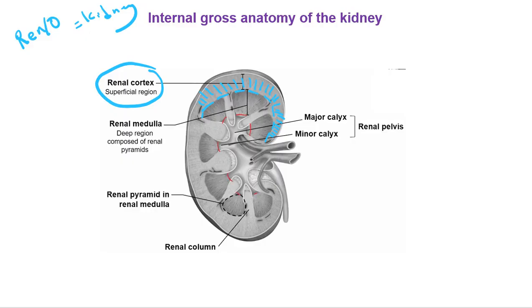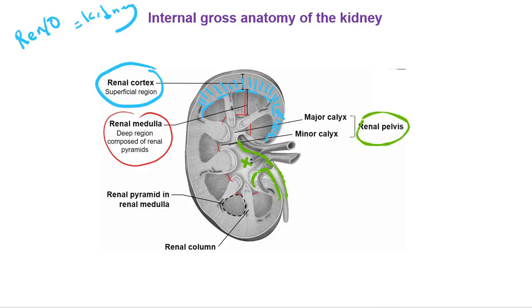So far, we talked about the renal cortex and the renal medulla. Then, after the renal medulla, this funnel-shaped structure receives the urine from the renal medulla and is continuous with the ureter. This is called the renal pelvis.